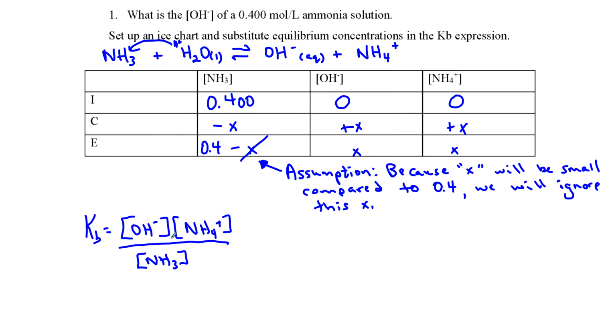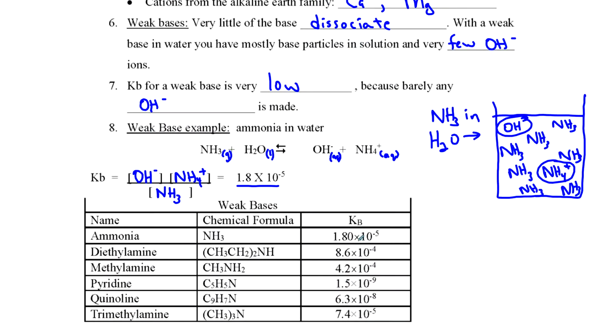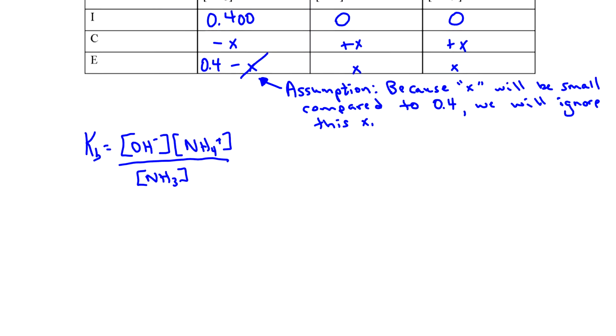I thought we were given the value of Kb. Oh yes, we were given the value of Kb in the previous question. If you flip back a page, I'll just do that to show you. We were told that ammonia has a Kb value of 1.8 times 10 to the negative 5. So we're going to use that so that we can solve for x.